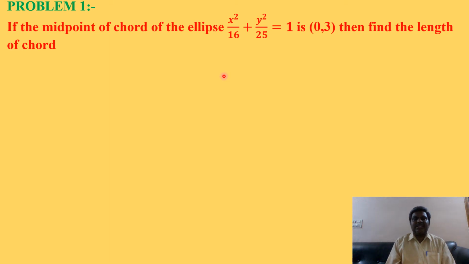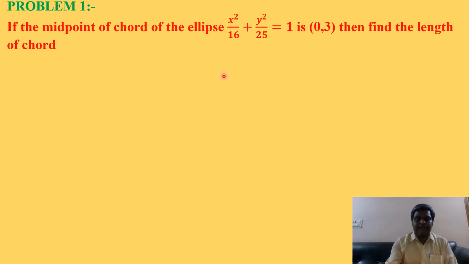It is easy to find the length of the chord by the formula root of x1 minus x2 whole square plus y1 minus y2 whole square, where x1 y1 and x2 y2 are the points of intersection. So the only logic behind the problem is write S1 is equal to S11 and solve with the ellipse. We get the points of intersection and hence find the length of the chord joining these 2 points.